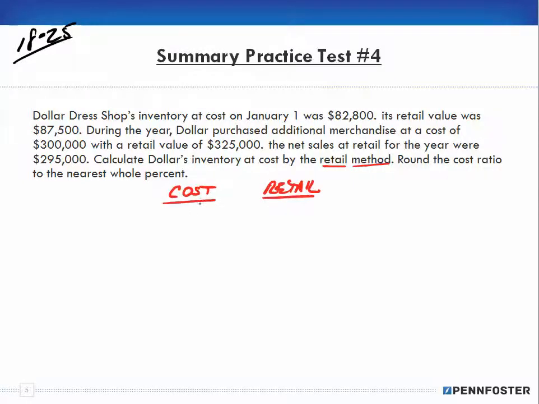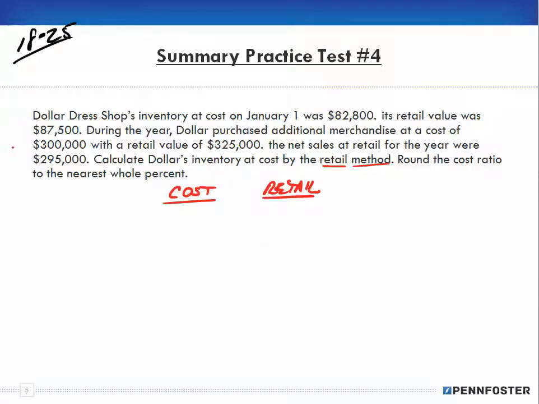Okay, remember we track our cost and our retails, because for the retail method we need to come up with our cost ratio, because we are going to figure out what our retail is, and then we use that cost ratio against the retail to come up with our estimated cost of goods sold.